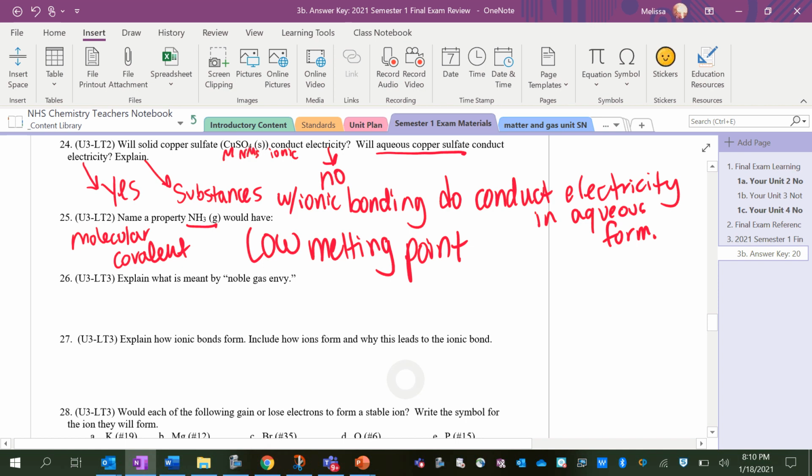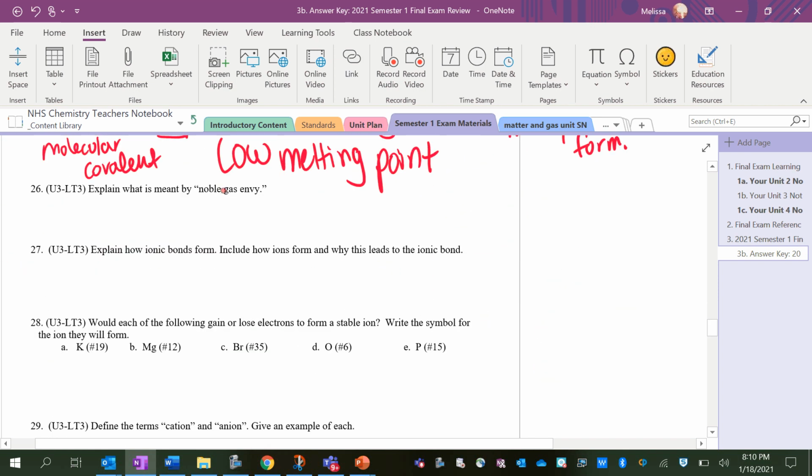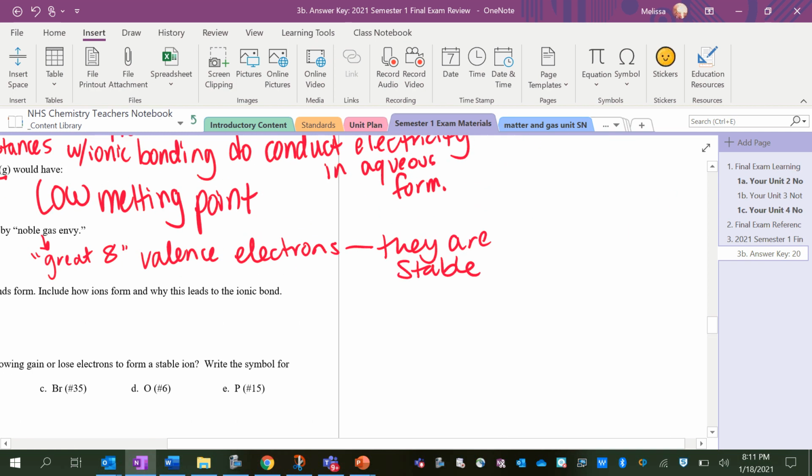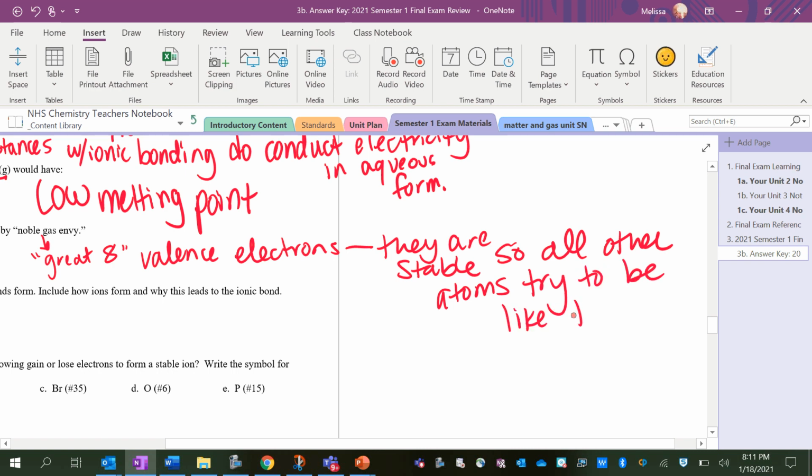Explain what is meant by noble gas envy. Okay, noble gases have the great 8 valence electrons. They are stable. So all other atoms try to be like them in their electron configuration.